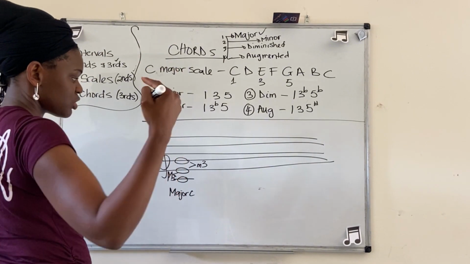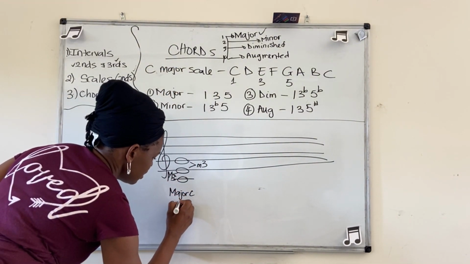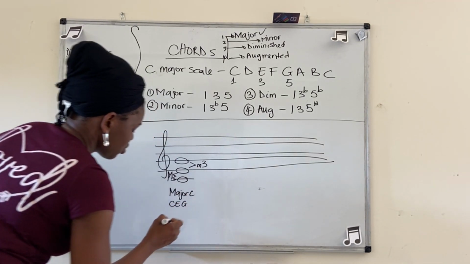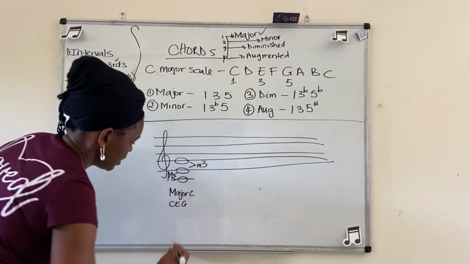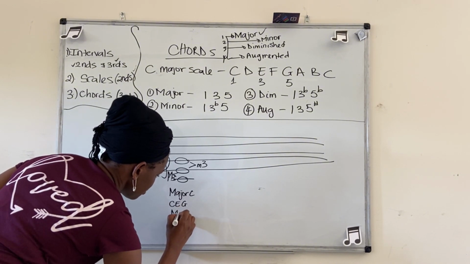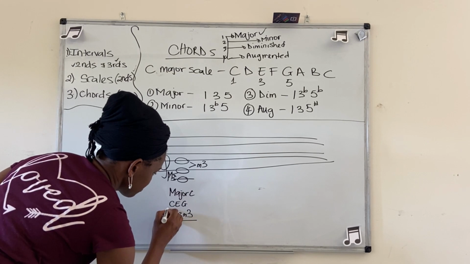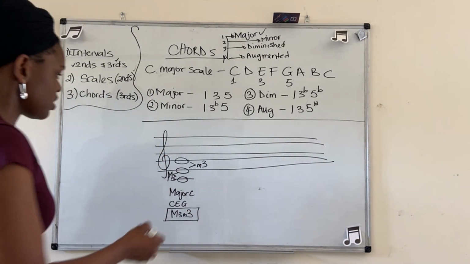The major C that we saw previously was made up of C, E, and G. And the formula for major chords is major 3, minor 3. That's the formula for major chords. I hope that's helpful.